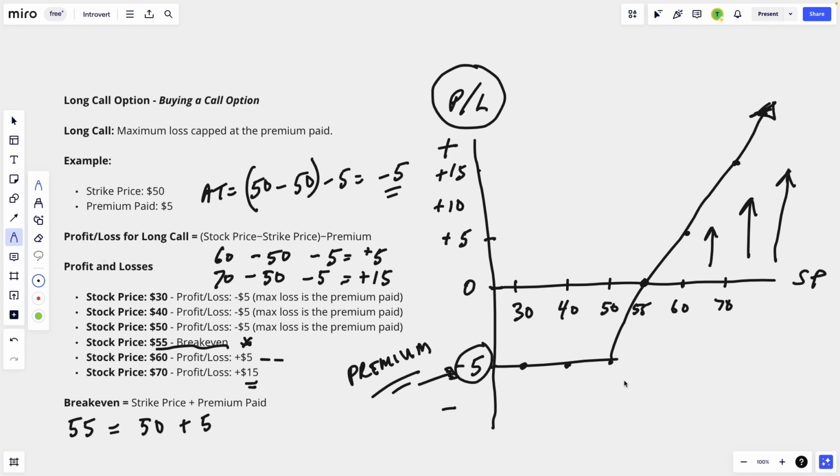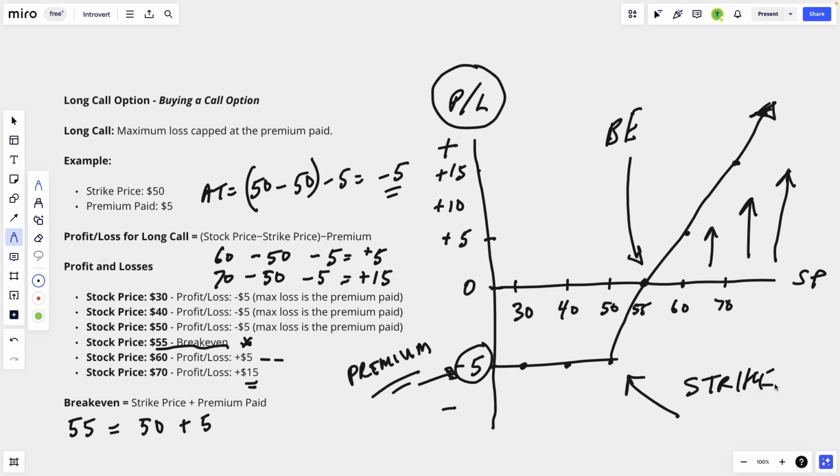So you can tell a few things. Where this sort of hockey stick intersects with the x-axis, that is going to be your break-even point. And right here, where there is a bend, that is going to be your strike price.